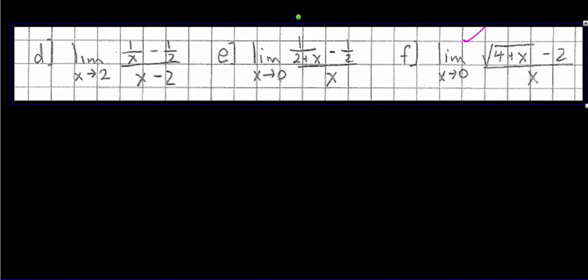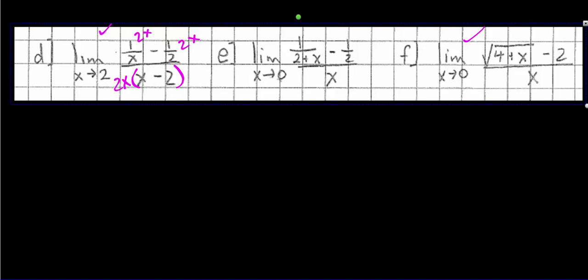When you have a fraction within a fraction, like this first one right here, what you want to do is multiply by the common denominator, which is 2x. So here's what I'm going to do. I'm going to multiply everything by 2x. See? What you're really doing is multiplying by 2x over 2x and just distributing the 2x through.